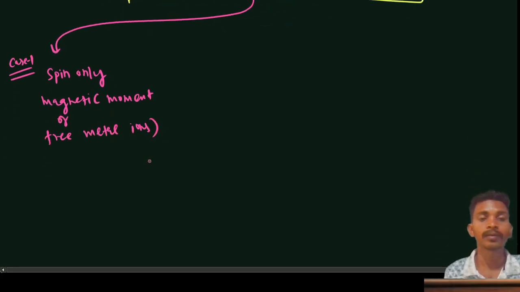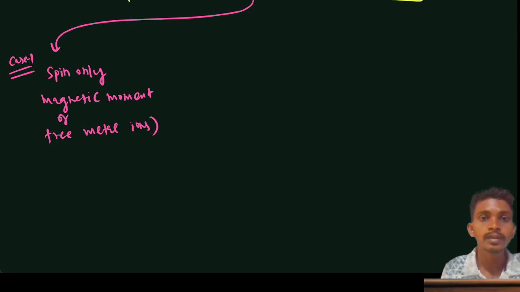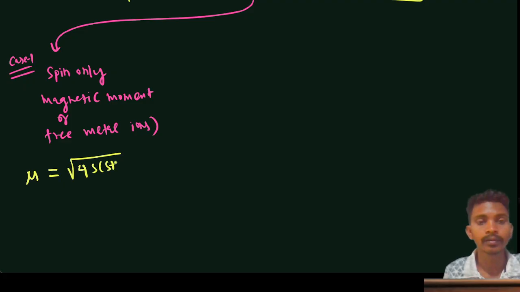If that is given, then the magnetic moment becomes root of 4S into S plus 1. This is the formula of magnetic moment for spin only magnetic moment or free metal ions. If nothing else is mentioned and we are asked to calculate the magnetic moment, then we will use this formula.